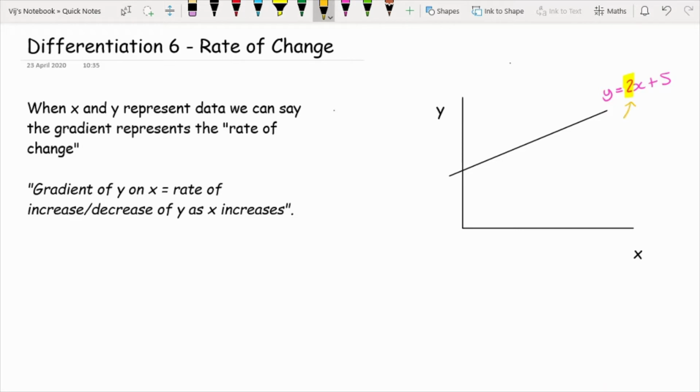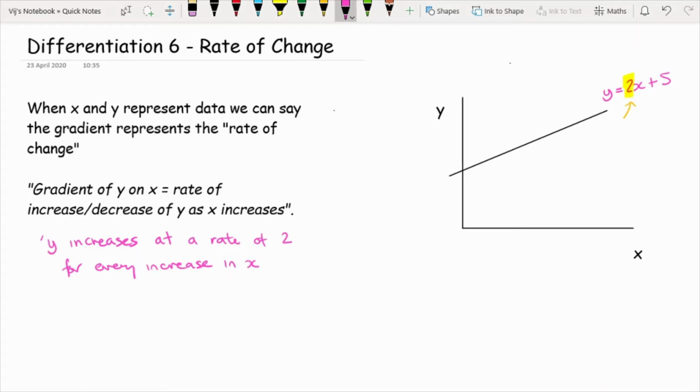So in terms of what the rate of change is for this particular set of data, y increases at a rate of 2 for every increase in x.